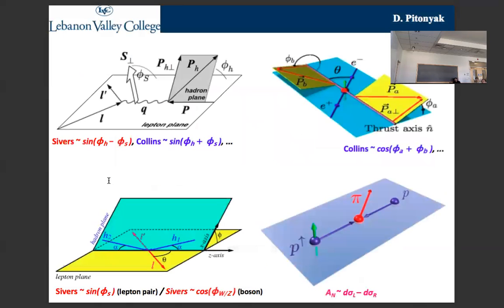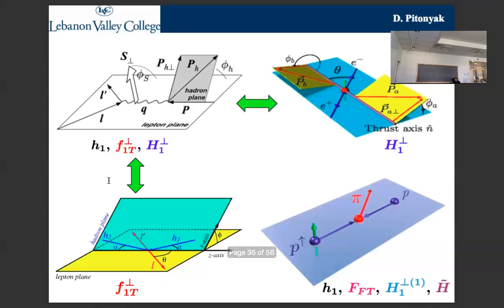Okay, so basically I've talked about 4 different types of processes here. We have semi-inclusive DIS with the Sivers and Collins effect. We have e+e- with the Collins effect. We have the Sivers effect in Drell-Yan, and then we have these A sub N measurements in pp collisions. And clearly, we all know that there are connections between these TMD observables, since the TMD functions are showing up. For example, the Collins function shows up in SIDIS and e+e-.